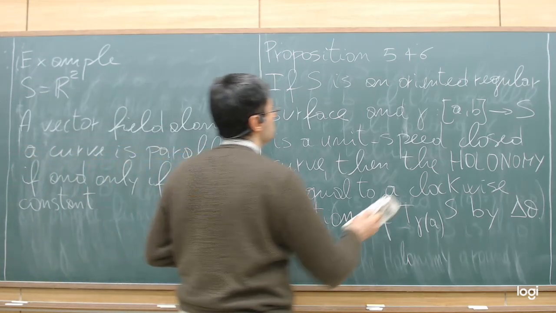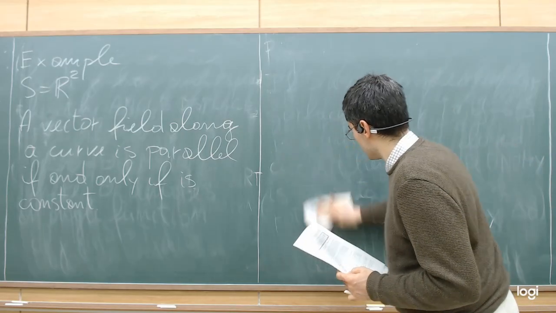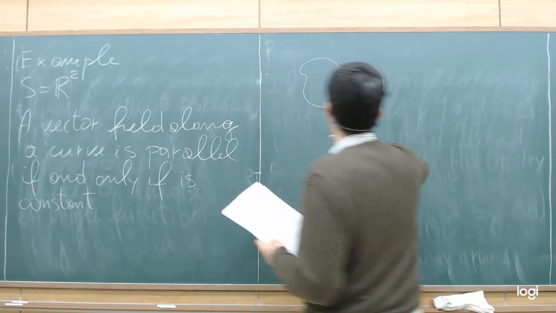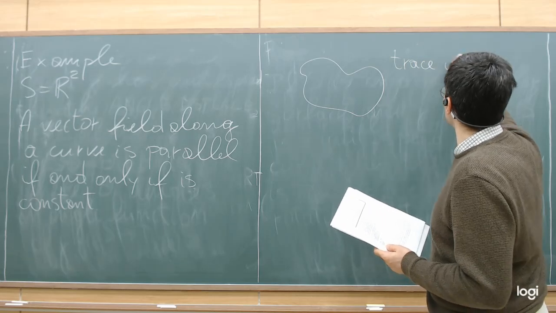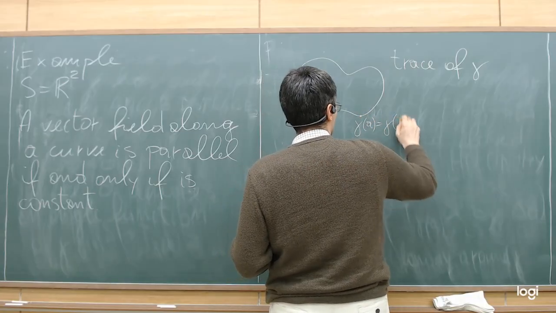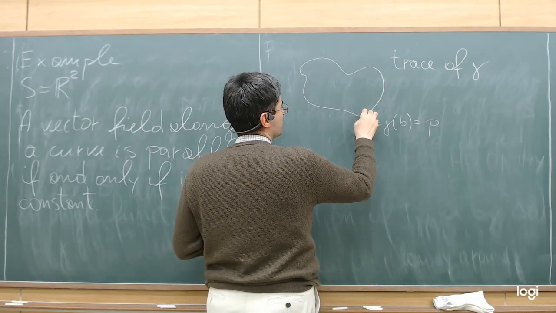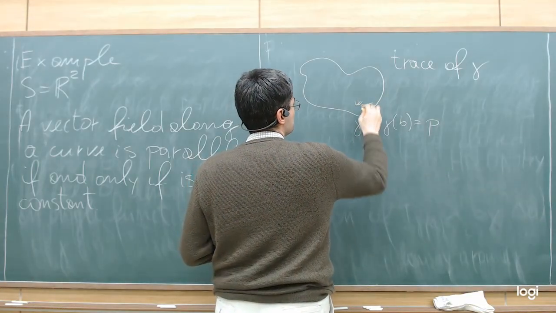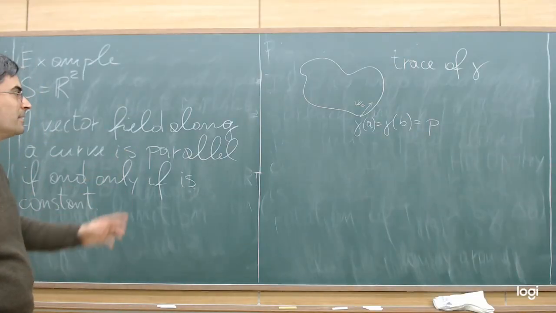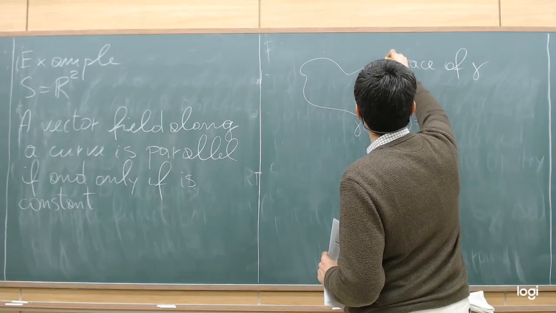So if this is the trace of your curve gamma, and for example this is gamma A equal gamma B equal P, and this is a vector W0, then a vector field along this loop, this closed curve, which is parallel, is given by a constant vector field.